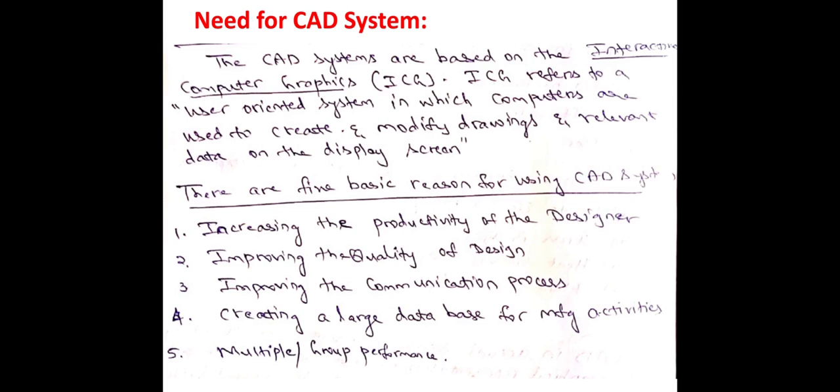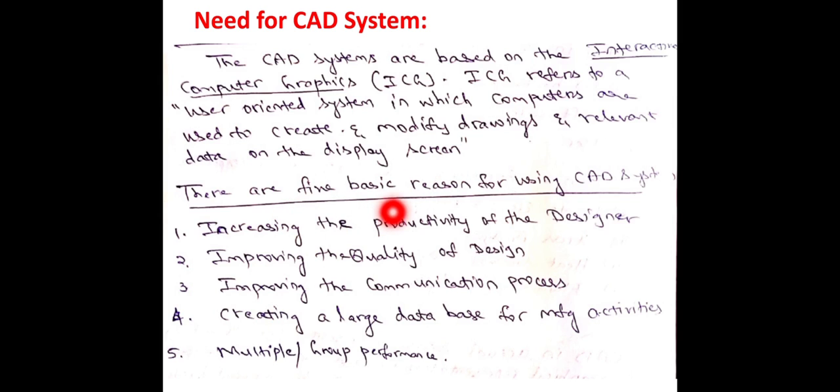So what is the need for a CAD system? CAD systems are based on interactive computer graphics. ICG refers to a user-oriented system in which computers are used to create and modify drawings and relevant data on the display screen.